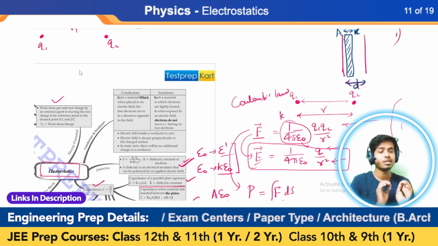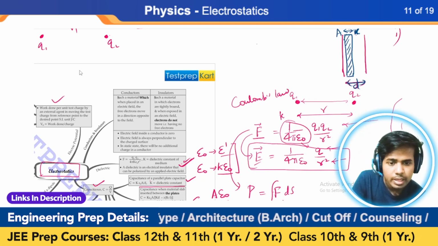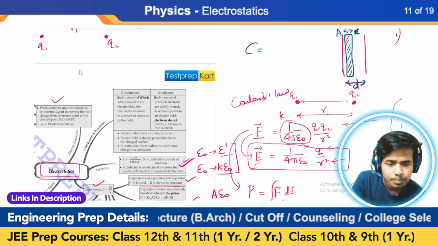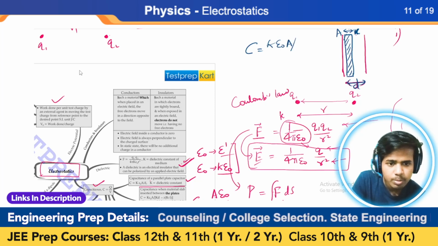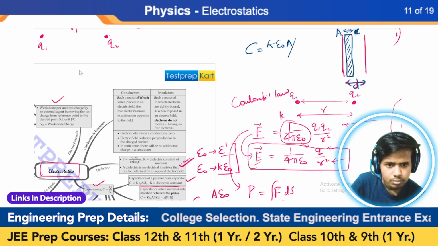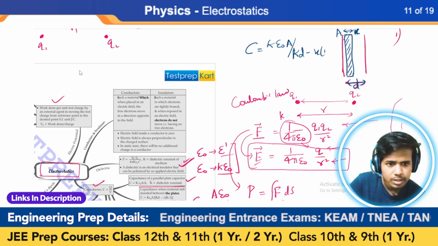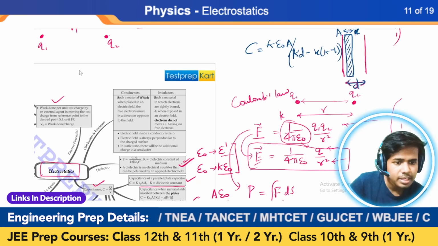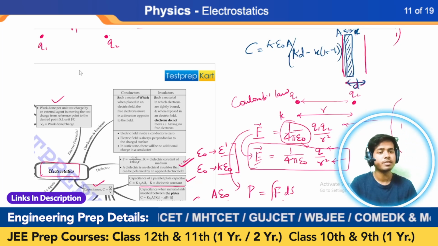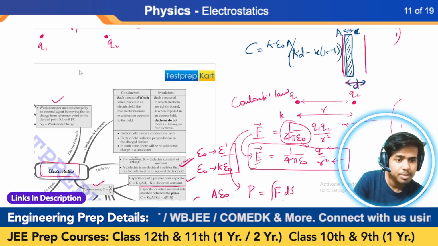The rest is still vacuum. So in this case, the capacitance will look something like k epsilon A divided by (k d minus x (k minus 1)). This can be derived using the electric field, because here the electric field will change. We already know the electric field is equal to E naught by K, and it will remain the same here.